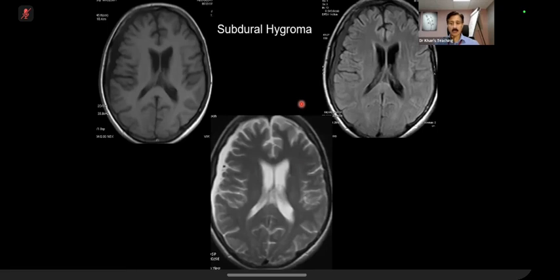But if you see it in children, think about NAI. Another point is that subdural hygromas at times can be high in signal intensity on T1 weighted sequence, which will be confusing for you because of high proteinaceous content, and the protein might be bright on T1 weighted sequence.